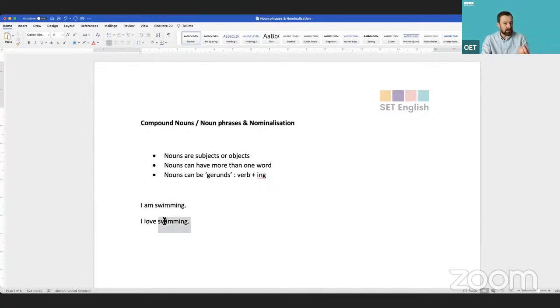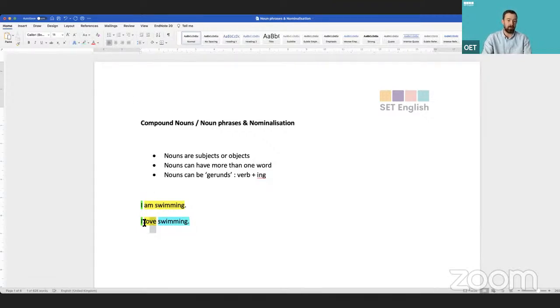Now, even though this looks the same as this, it's not the same. Remember, this is a verb. So we'll say the subject is going to be here, subject in green. It's the same subject in both sentences. Here, our verb is going to be in yellow. In this one, our verb is in yellow. And then swimming, well, it's not a verb, is it?